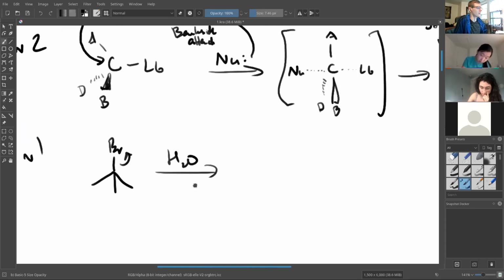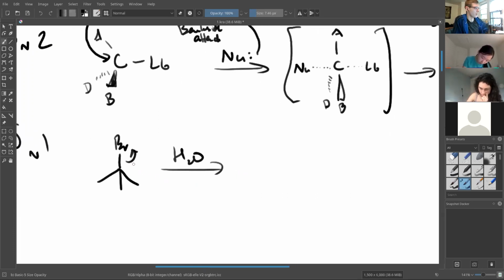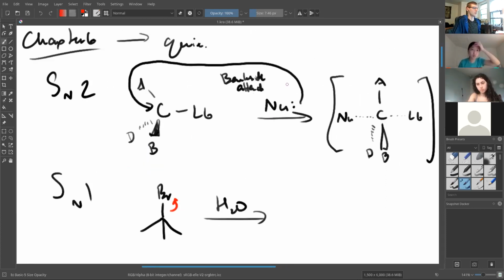You'll notice that at this point I'm using arrows, and this is a thing to get used to. So these arrows are when electrons move. You're moving a pair of electrons. All the electrons in this bond here, they move up to the bromine. Same thing over here.